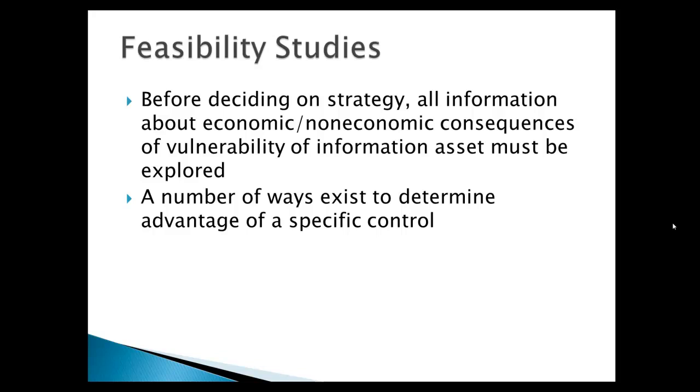Once you've chosen your risk control strategy or looked at the available options, all information about the economic and non-economic consequences of the vulnerability facing the information asset must be explored. And fundamentally, we're asking, what are the actual and perceived advantages of implementing a control contrasted with the actual and perceived disadvantages of implementing the control?